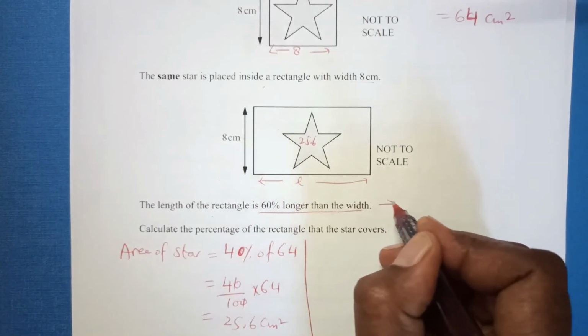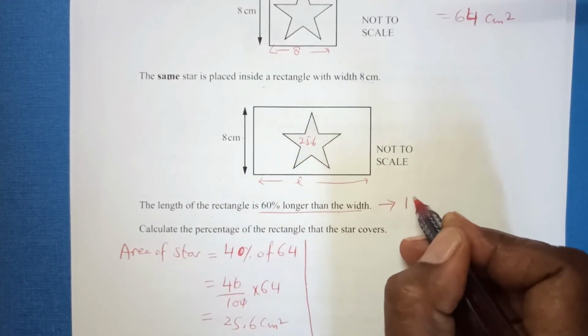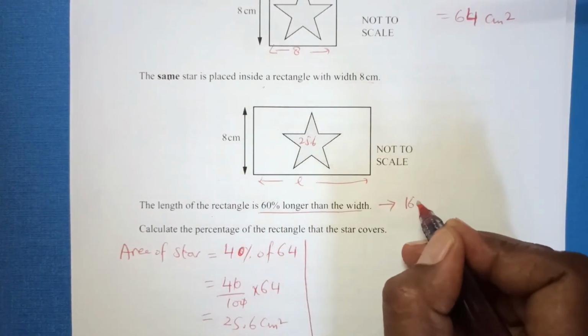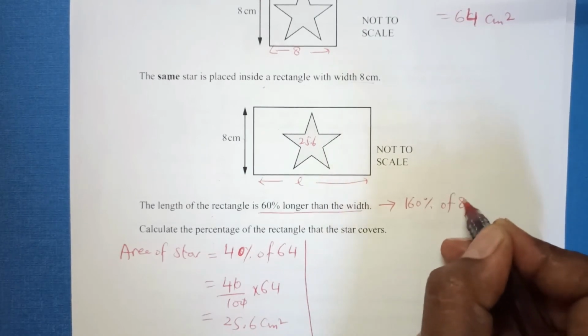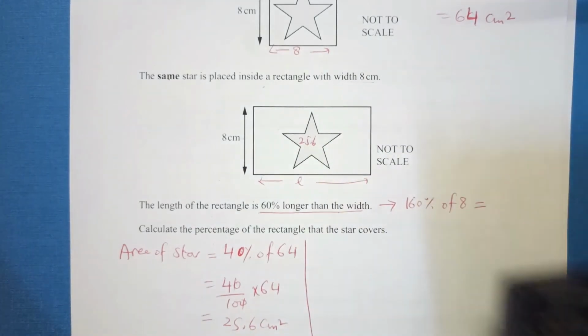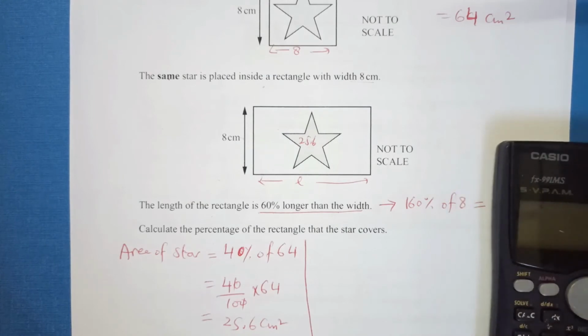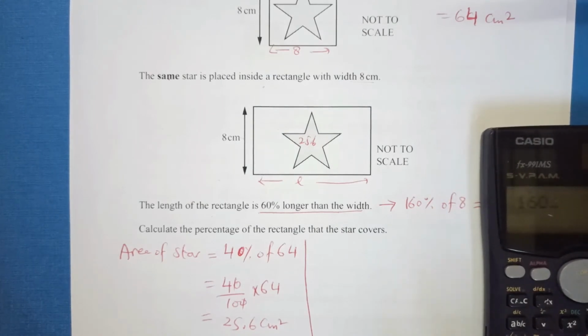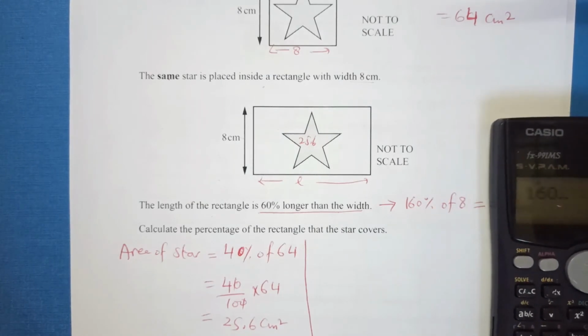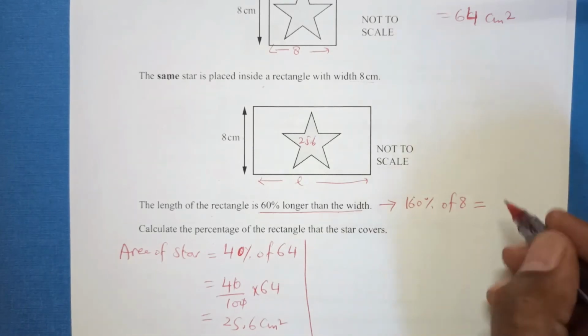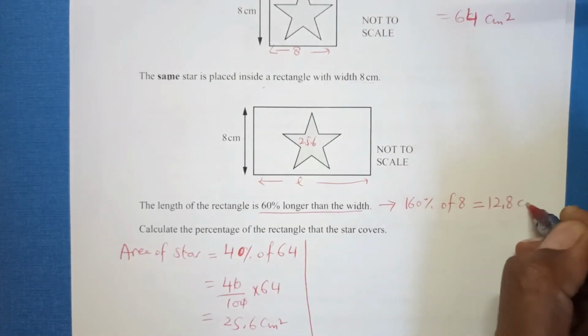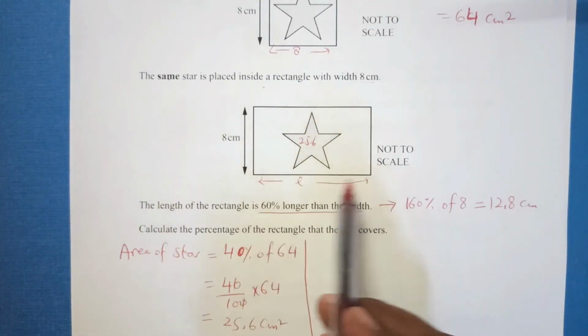Because it is 60% more, the length is 160% of 8. 160 times 8 divided by 100 is 12.8, so the length of this rectangle is 12.8 centimeters.